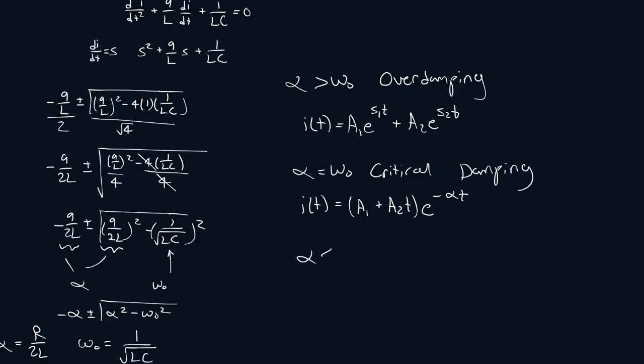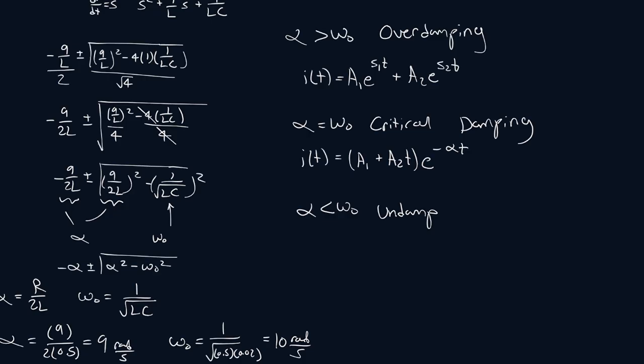And now if omega is greater than alpha, then it's an underdamped circuit. And this one's the longest formula. It's going to be i(t) equals e to the power of minus alpha t times A1 sine WD.